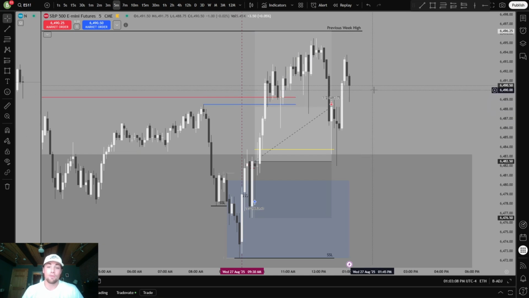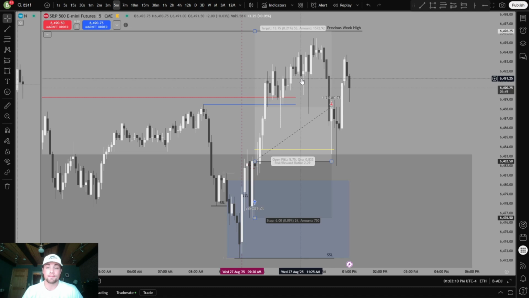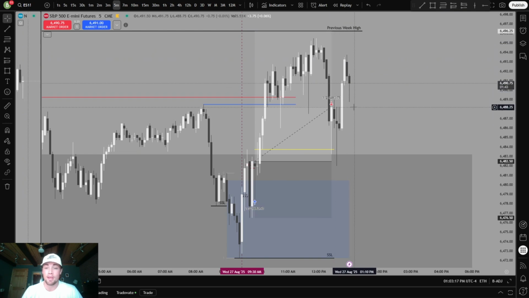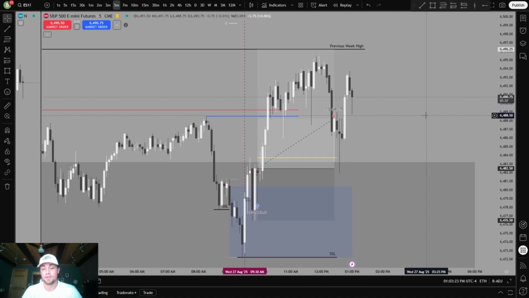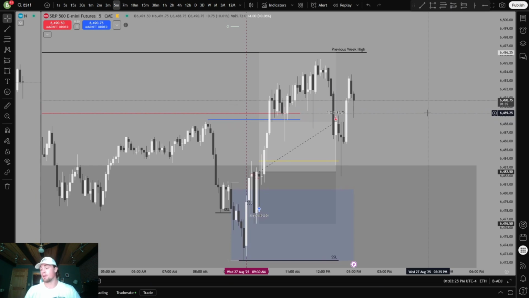So honestly, this was a very solid trade. Great setup, great execution. Just unfortunate to stop me out at break even before we hit my take profit. So yeah, that's about it on this trade.